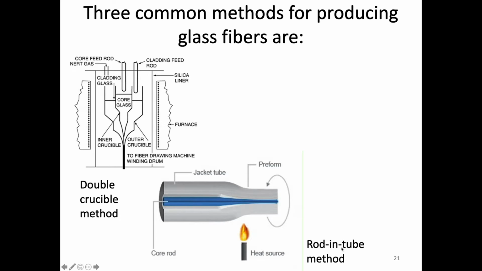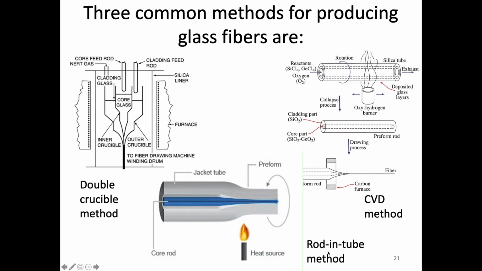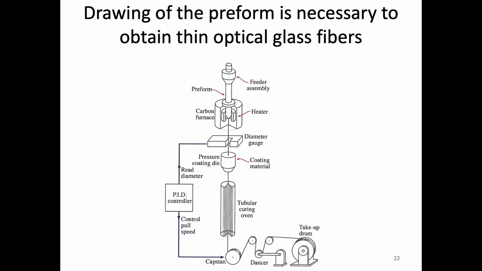And so that's known as the rod and tube method. And then we have the CVD, so chemical vapor deposition method. And this is one of the more common methods that you're going to see. And so in this method, we have a glass tube, and then we actually deposit material on the inside, and then we basically have that preform and draw it down to a fiber, just like the rod and tube method. And so we're going to go over more of these in detail.